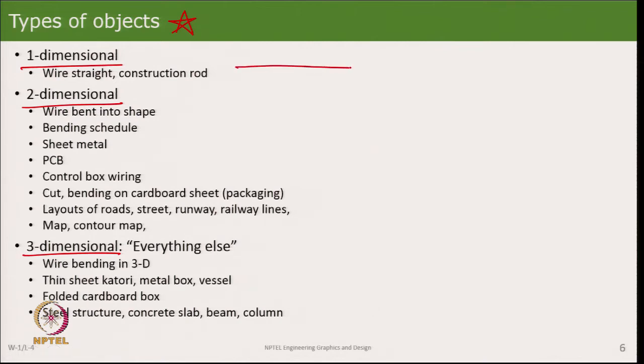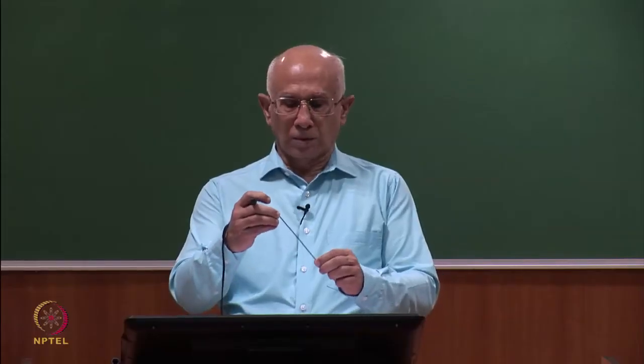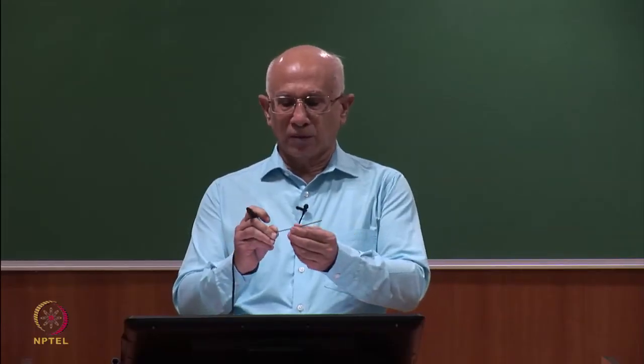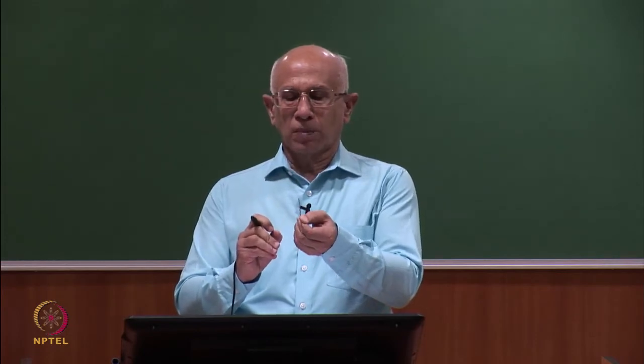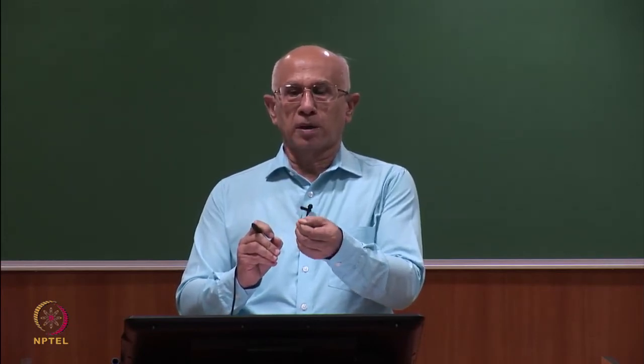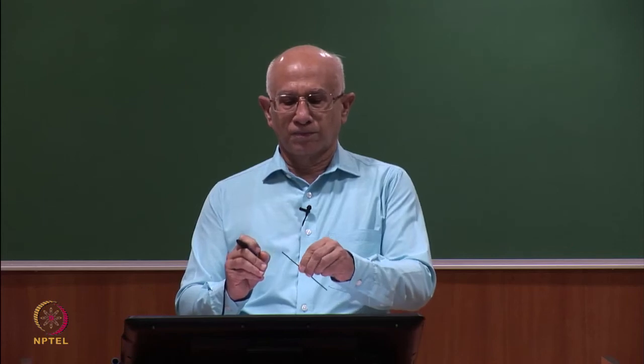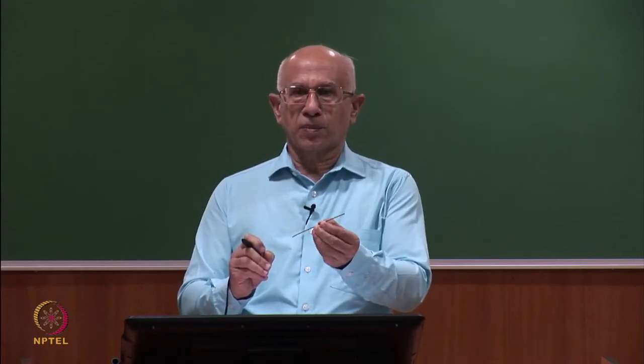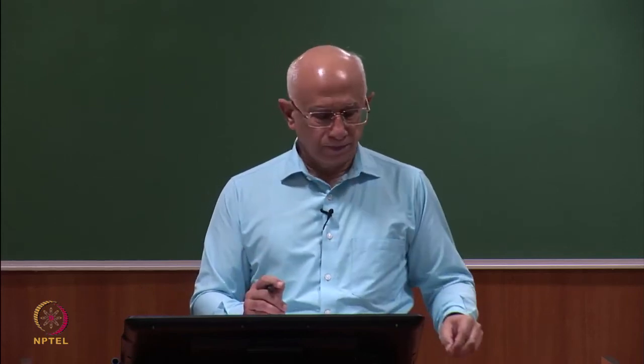For instance, something which is straight like that. This could be a wire like this one. So, you can see this wire. If we look at it at the edge, all we will see is a small little circle. So, that is a straight piece of a wire.